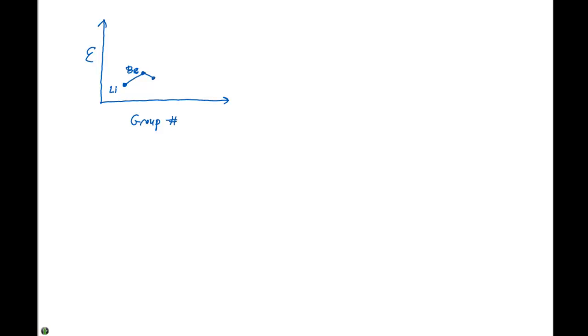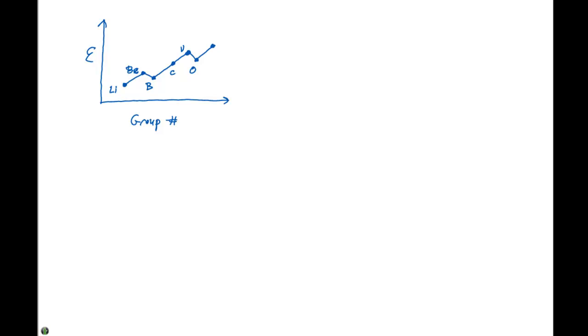But when we go to boron, we see a slight drop in ionization energy. Then it will increase again as we go to carbon, then up to nitrogen. We're going to see another drop when we go down to oxygen.